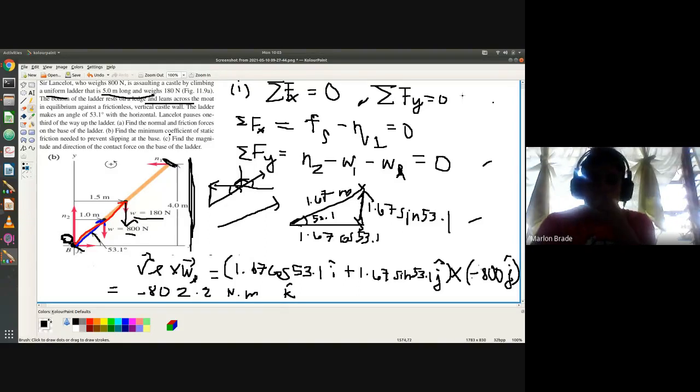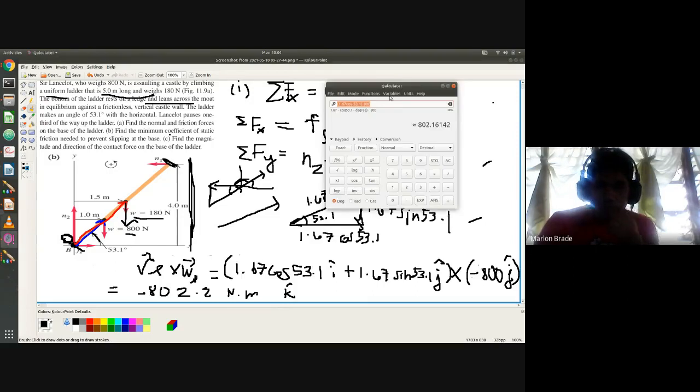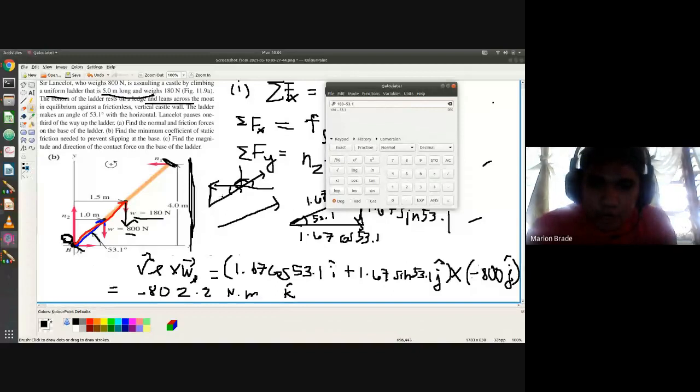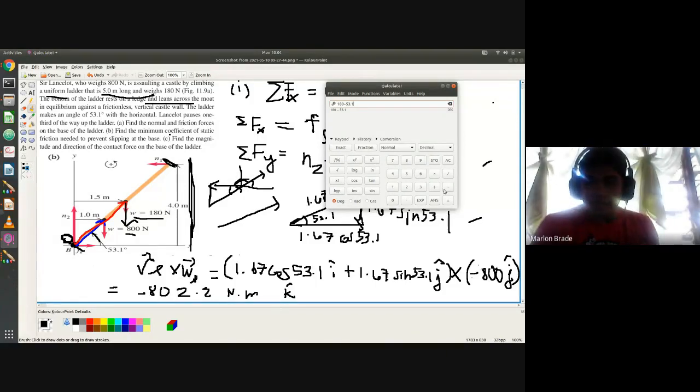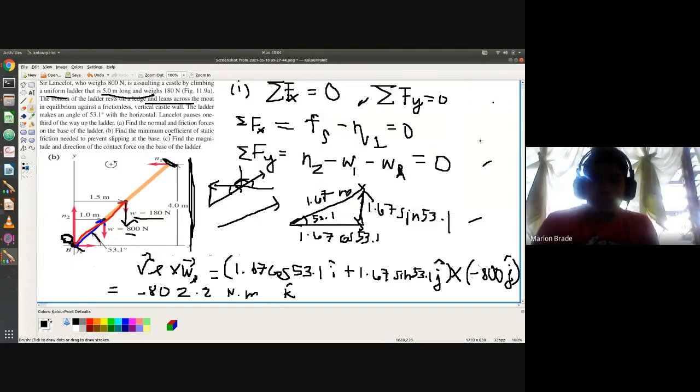That is the angle. 180 minus 53.1 is 126.9. Once extended, only the direction matters now, going toward here. So the angle is 180 minus 53.1, which is 126.9.